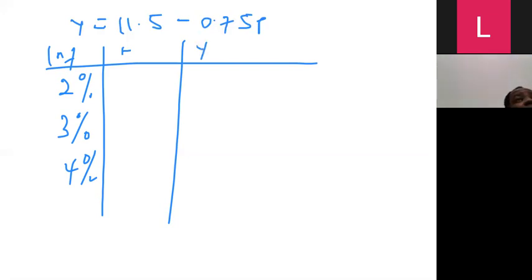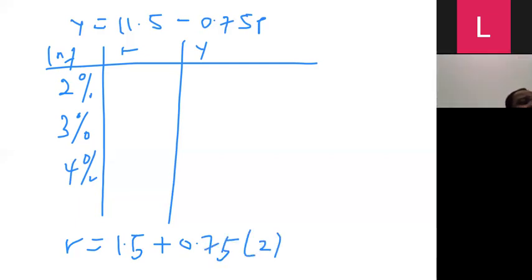Now, when you look at equation 1, we have R equals 1.5 plus 0.75P. The P in this case represents the inflation. So when P equals 2, R equals 1.5 plus 0.75 times 2, and that gives me 3.